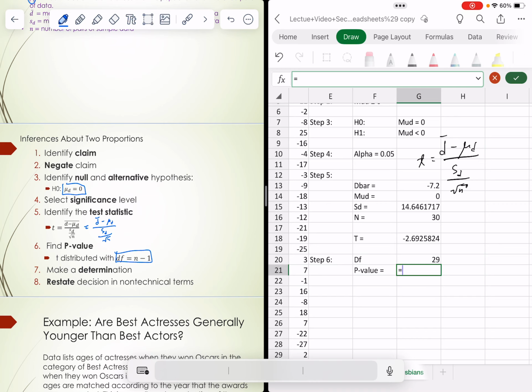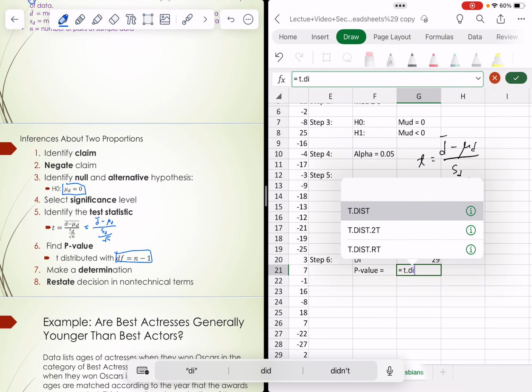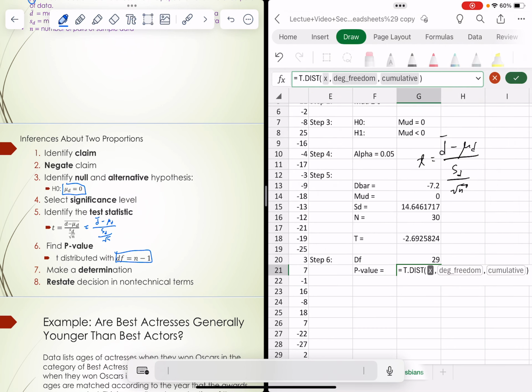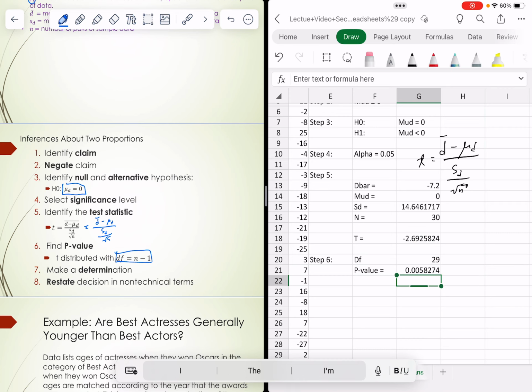And that's good because my t statistic is on the left tail. All right. So this is going to equal T.DIST, it's a left-tailed test, plug in my test statistic, comma, degrees of freedom, and then cumulative, 1, obviously, and enter. All right, so there it is.